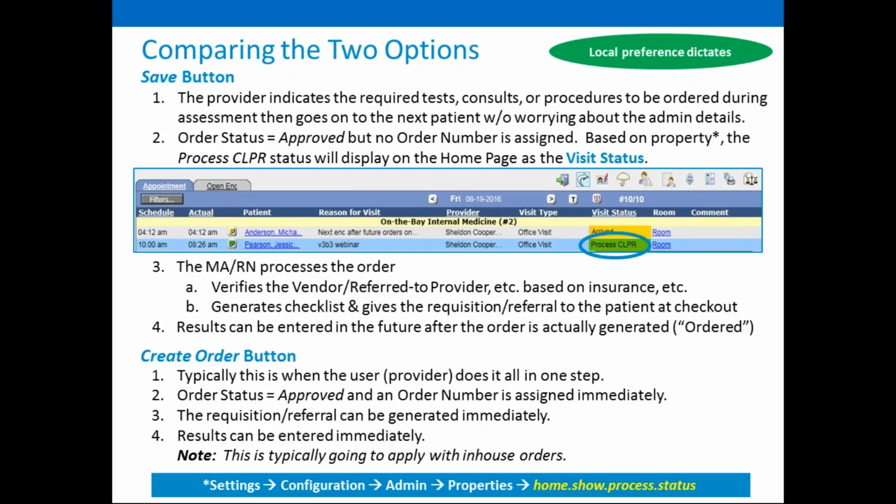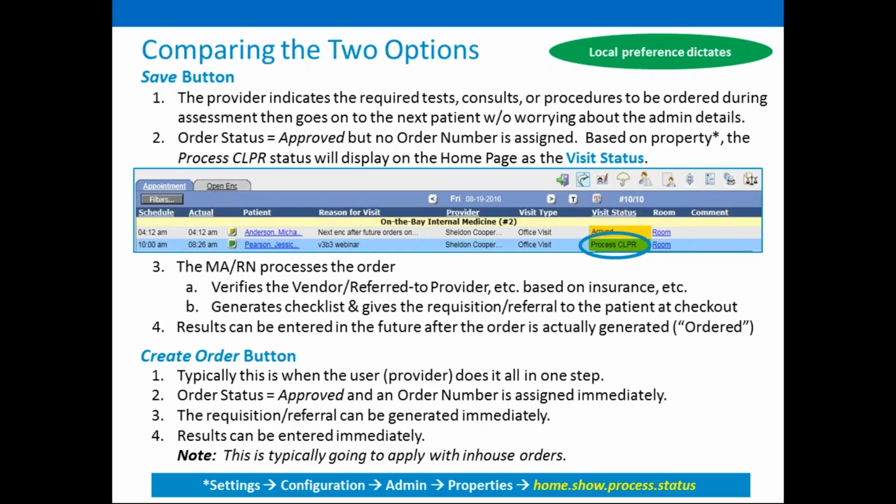And that second row, as number 3 is indicating, that's when they're going to verify the vendor or the referred to provider based on insurance and preferences and any other factor. Generate the checklist if there is one, give the patient the instructions that are needed, and route them to checkout. So that's what I mean by two-person workflow. Doctor indicates what's needed, someone else comes in and actually finishes it.